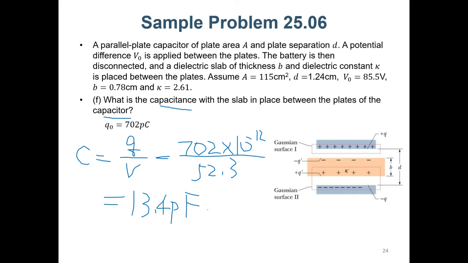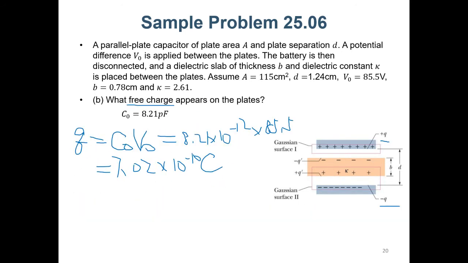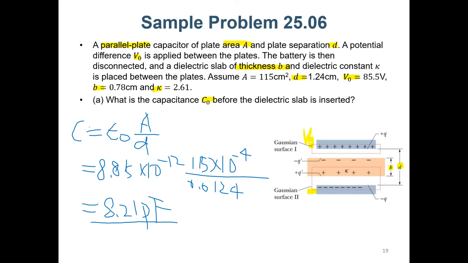So you can imagine this part becomes larger, and this part remains the same. If this one is as big as this one, then you can imagine the capacitance is something like, we can just recall C0. C0 is 8.21 picofarad.